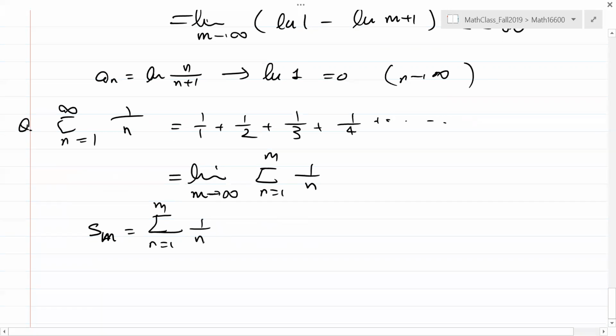You got a new sequence, but this sequence is increasing. But can you get an upper bound? If you can get an upper bound, it has a finite limit. It's increasing as m increases, goes to infinity. It just adds more and more numbers. So does S_m have an upper bound?